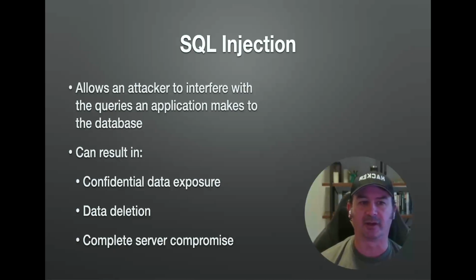It can result in data being deleted. And in some cases, depending on the implementation, it could even lead to RCE, which could cause a complete server compromise. So it's a severe vulnerability. There's a lot of different things that you can do with it. In this video, we're only going to touch on a couple.